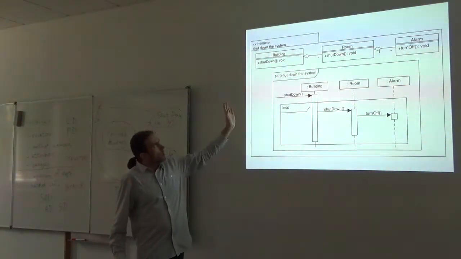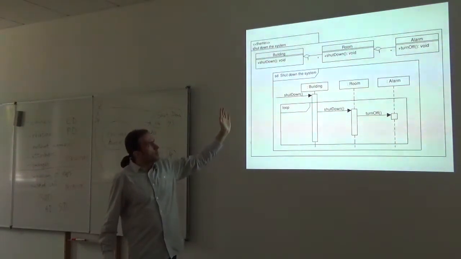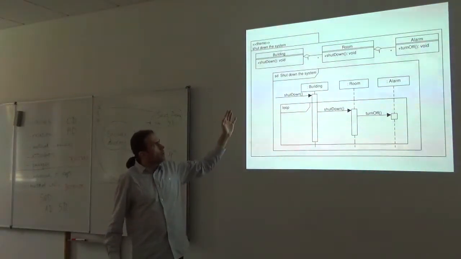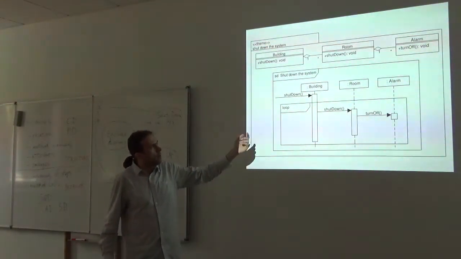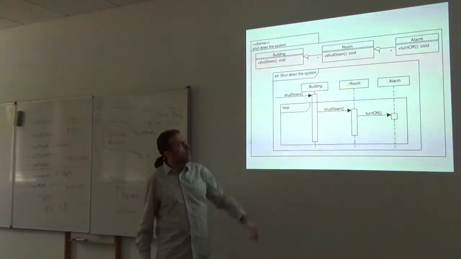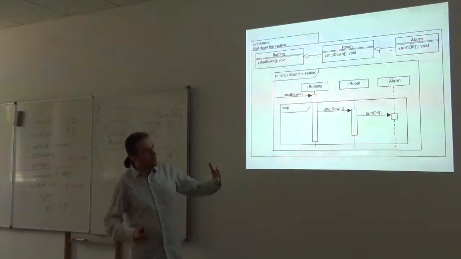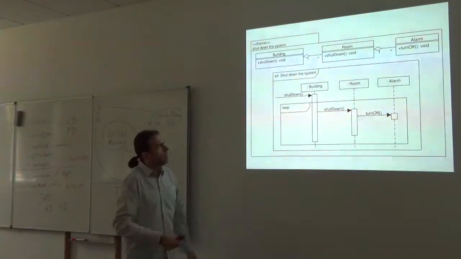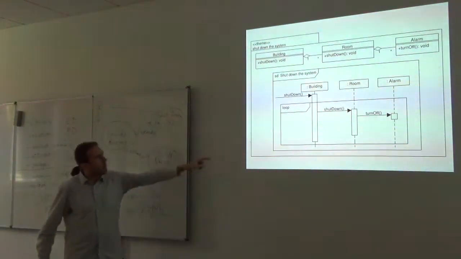So when we are shutting down the system, we are actually shutting down alarms, and we need to go find our alarms by following. Then we are shutting down a building, so all the rooms there, and finally the alarms which are there. That's some kind of a loop.